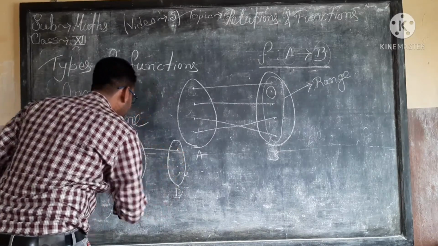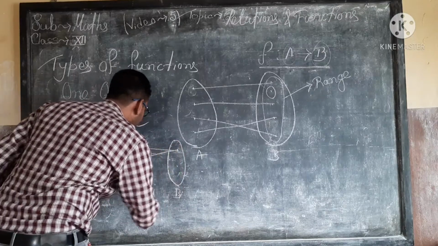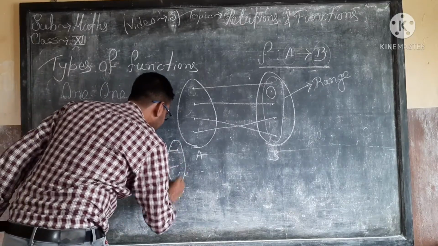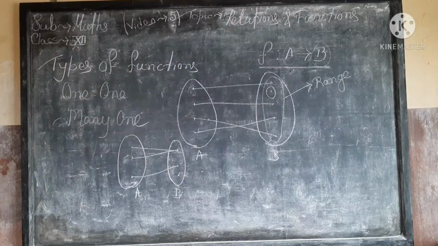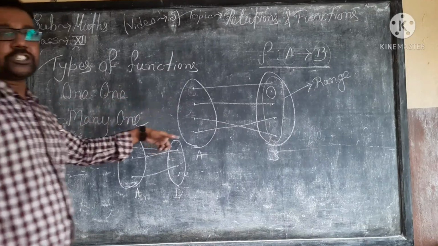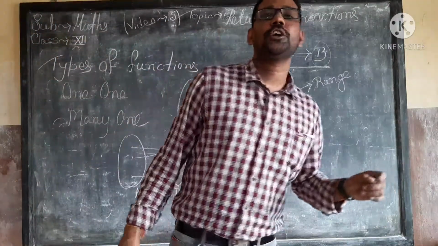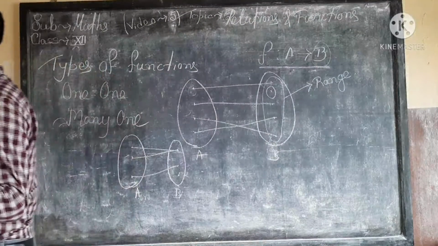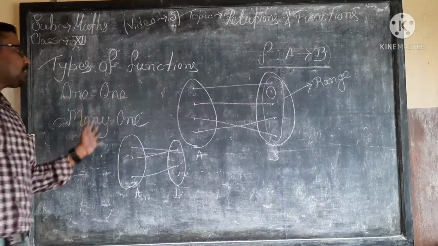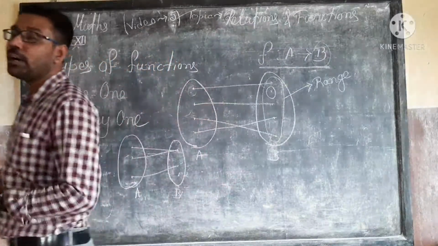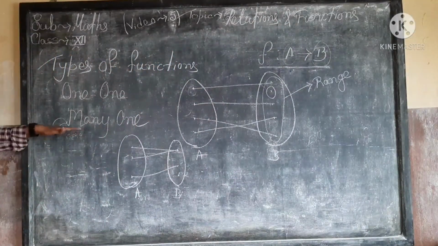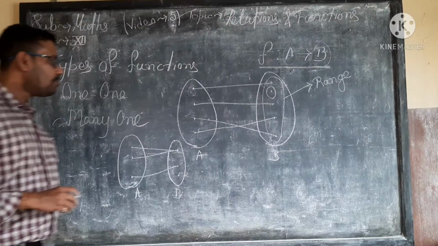The first one is connected, this one is also connected, and it is also connected. So this diagram also represents the many one function. If any function does not satisfy the one-one criterion, then it must satisfy the many to one criterion. So this is the many to one function.